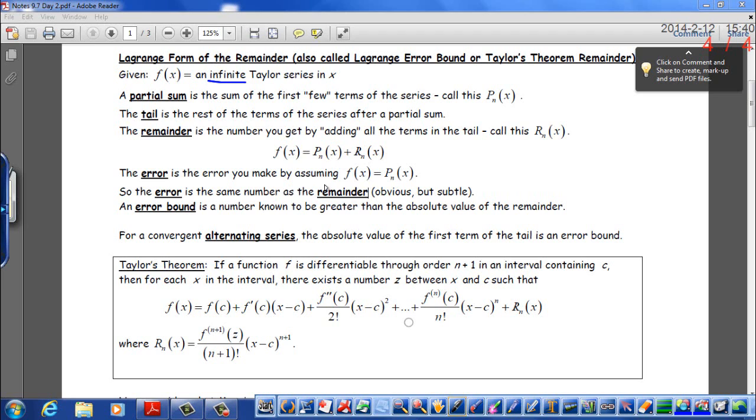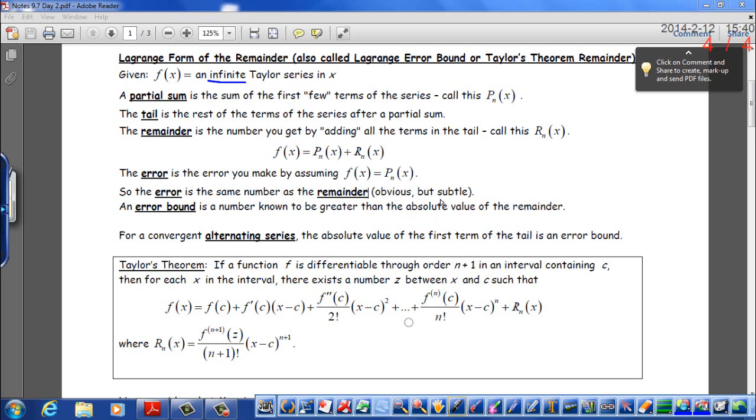So the error is the error that you make in assuming that f of x is equal to p of x. And it's not, because p of x is just an approximation. So the error is the same number as the remainder. So that's kind of the same thing. You've got to get that through your head. And then an error bound is a number known to be greater than the absolute value of the remainder.